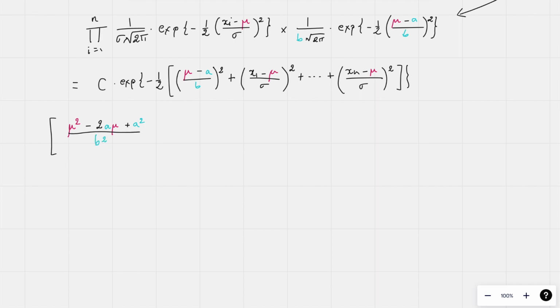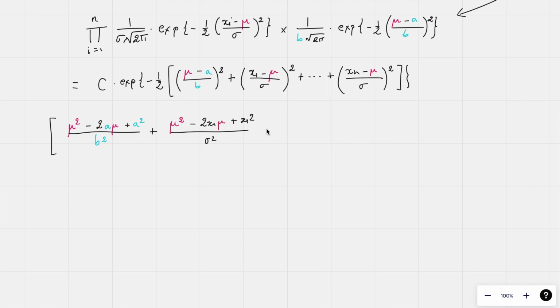That's the first term. The second term that we get here is going to be quite similar. I'm going to put the mu first here, and so that's mu squared minus 2 times x1 times mu plus x1 squared, and everything divided by sigma squared.